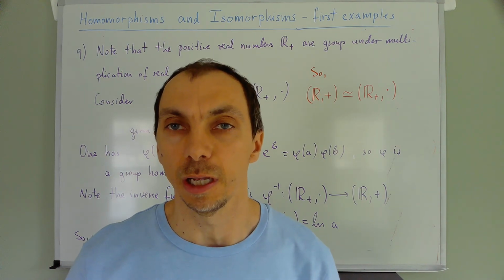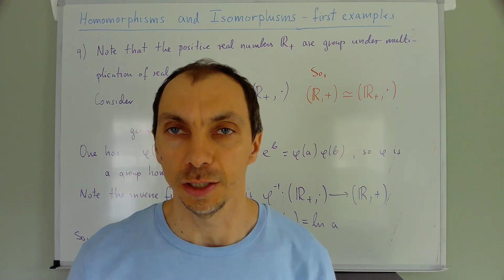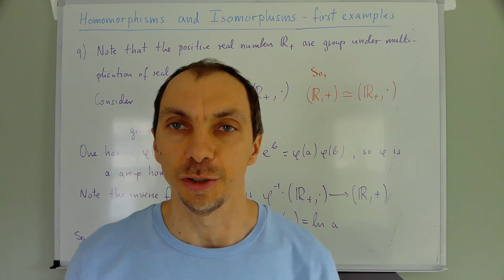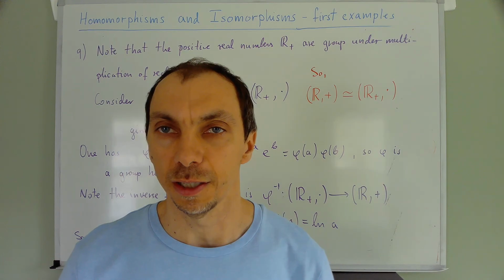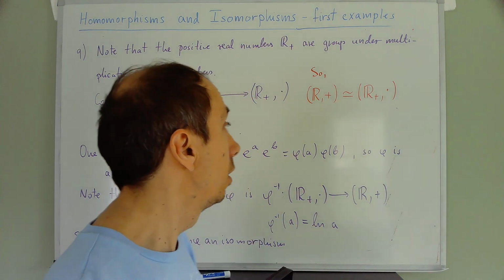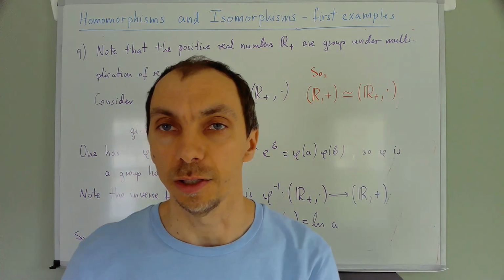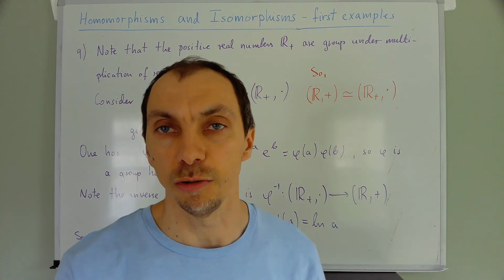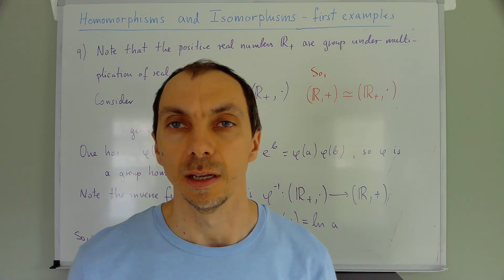To a group theorist, they look completely the same. If you just use the telescope that allows you to look at things using the tools available to group theory, you cannot tell these two apart. Positive real numbers with multiplication, all real numbers with addition, it's the same thing for a group theorist.